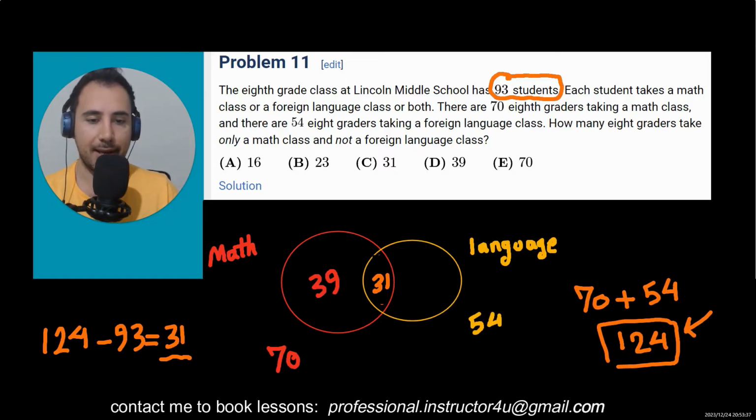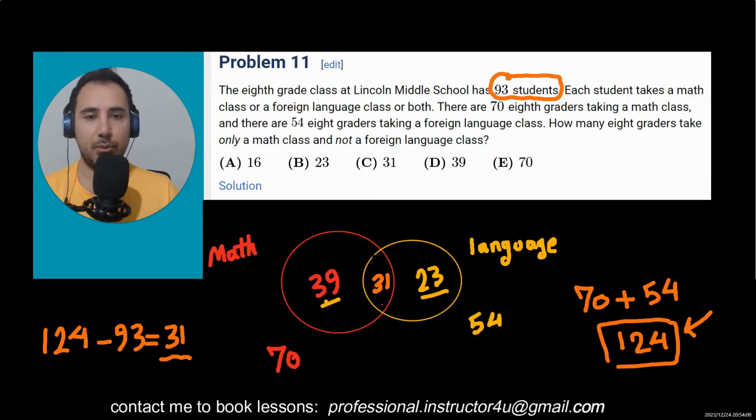And what is 54 minus 31? That's going to be 23. So 23 people take only language class, 39 people take only math class, and 31 are in the middle.